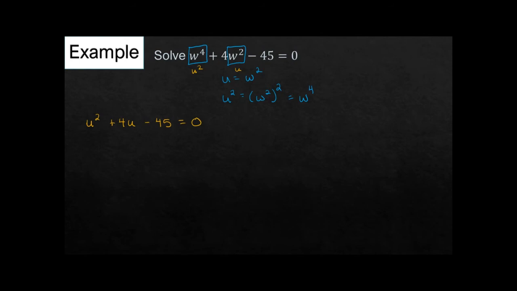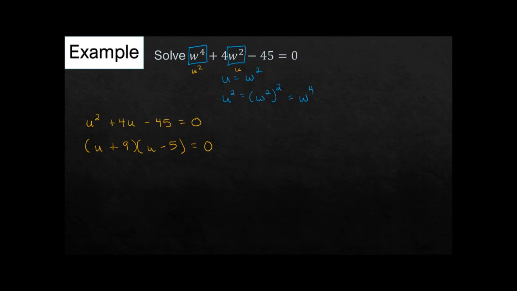And now you're solving this. This also factors. So I love the ones where they don't have a number in front of the squared term, because they usually factor and they're much faster to do. So this will be, let's see, we want a plus 9 and a minus 5.